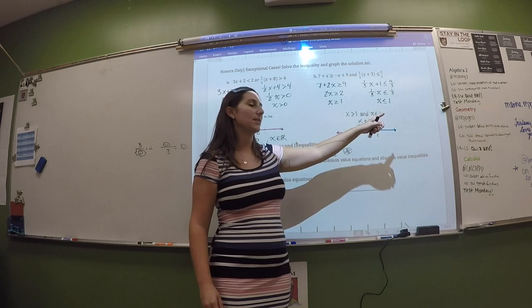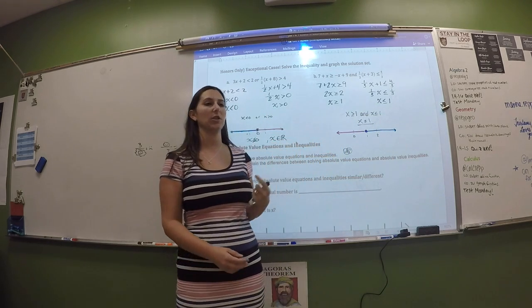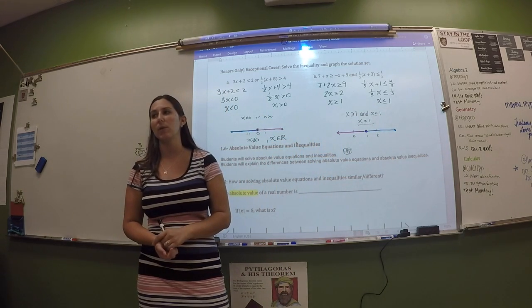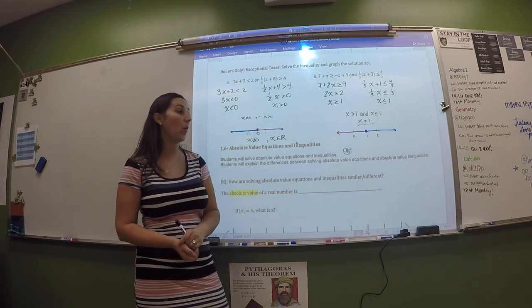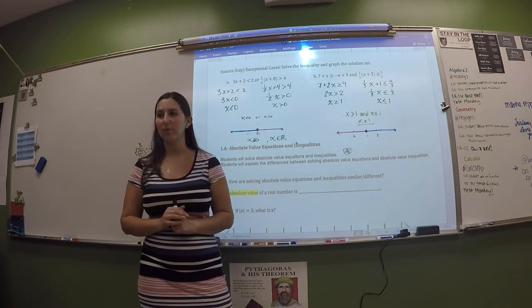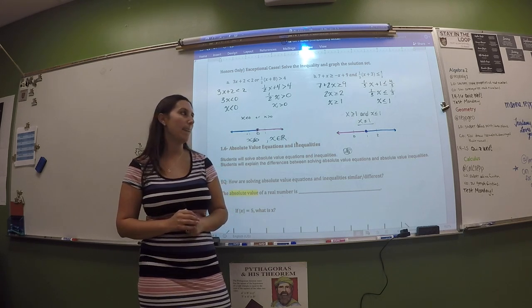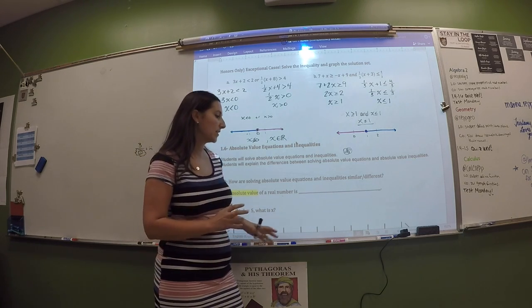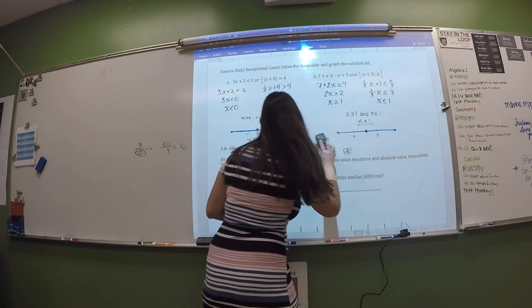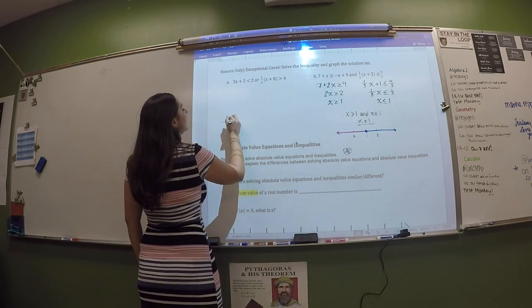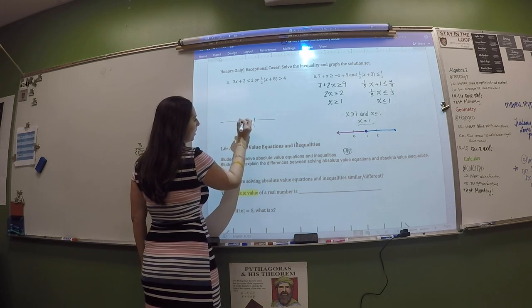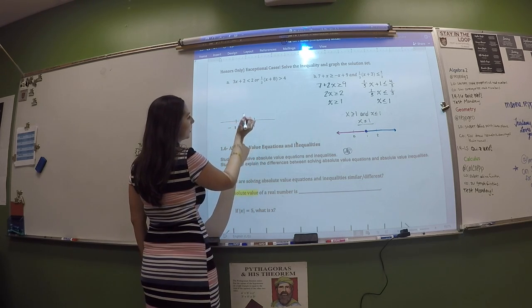Because saying this is like saying a bunch of stuff that isn't actually our answer. Our only answer here is 1. Okay, now if it said or, then you would have all real numbers. Sometimes the overlap will be kind of in a weird place. So let's look at a number line like 1 and like -1.